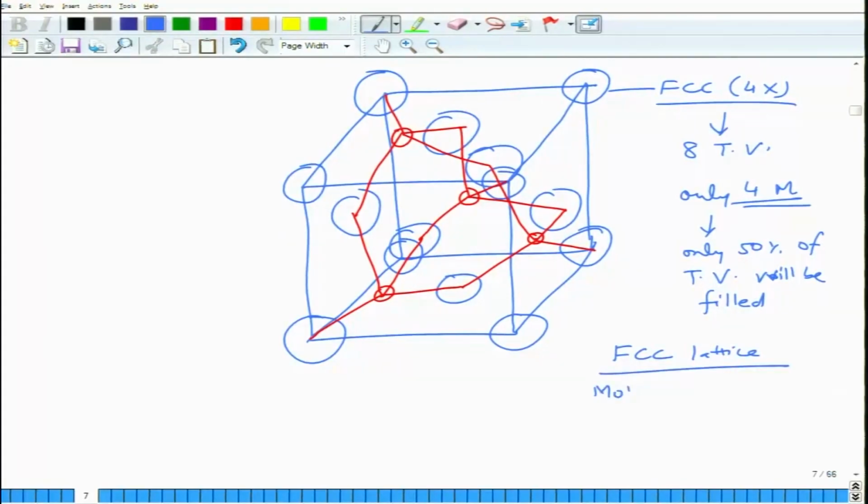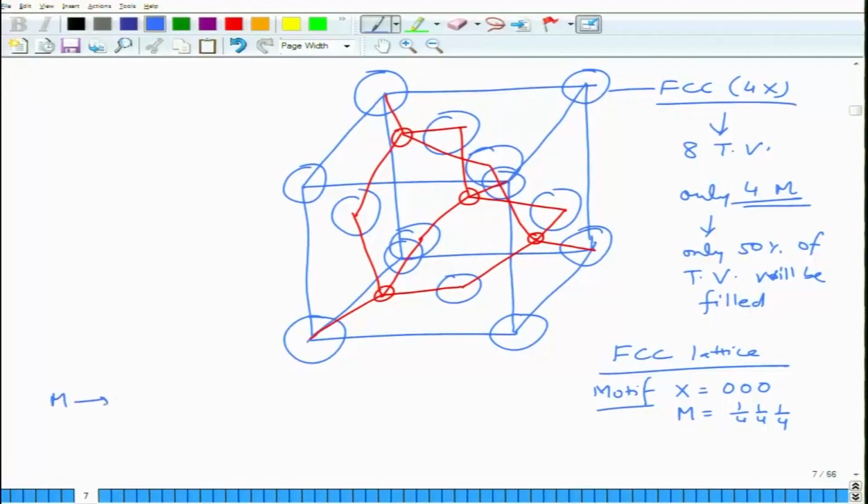The motif can be written as X at 0, 0, 0 and M at 1/4, 1/4, 1/4. So, you can say that it's basically two interpenetrating FCC lattices, right? Two interpenetrating FCC lattices, one of M, another of X, which are separated by 1/4, 1/4, 1/4.